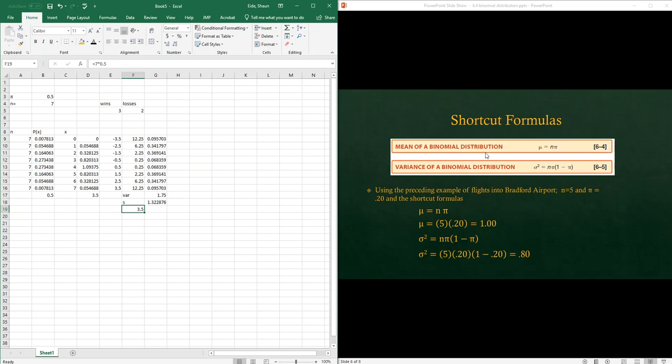It's either success or no success. And then for the variance, we do n, or 7, multiplied by 0.5, multiplied by 1 minus the probability of success, which is also 0.5, which gives you 1.75. So that's the shortcut for a binomial distribution.